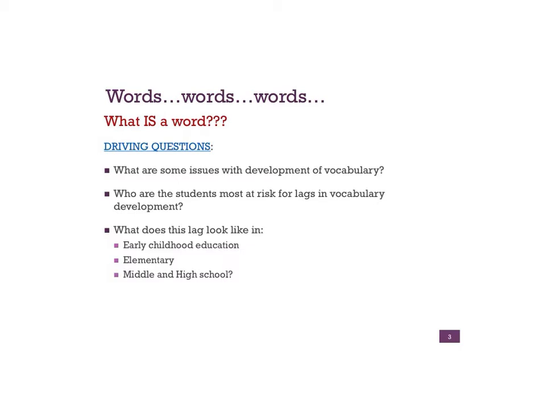Emerging research indicates that the expressive and receptive vocabularies that children have when they enter public education can strongly predict reading achievement by age 9. This lag continues through middle and high school and long into adulthood. We will look at these issues closely in the upcoming sections.